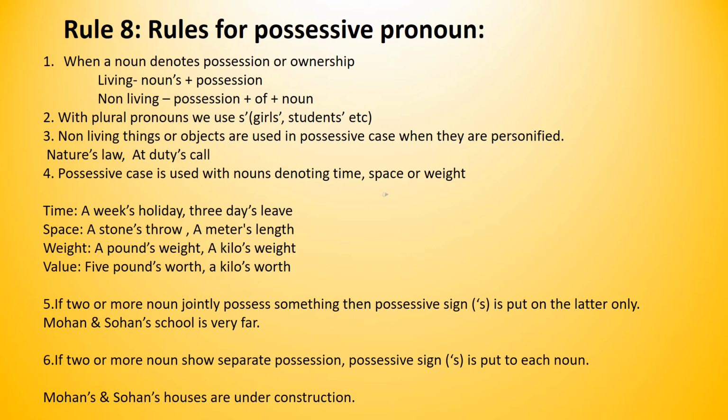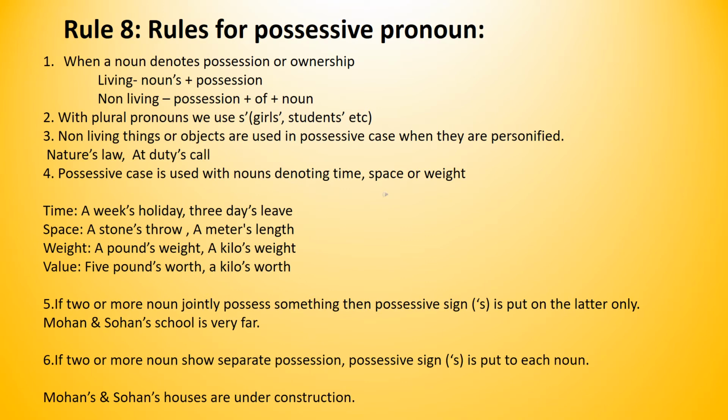Now come to another rule, that is, with plural nouns, we use s and then apostrophe. For example, girls' school. So here GIRLS and then apostrophe will be used. But sometimes non-living things or objects are used in the possessive case when they are personified. For example, nature's law, a duty's call.